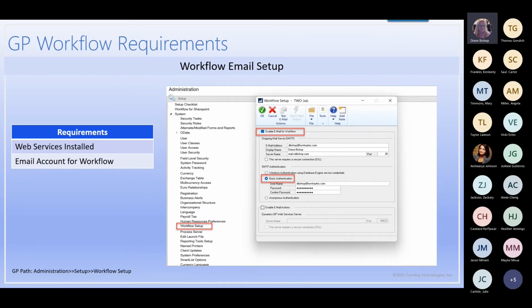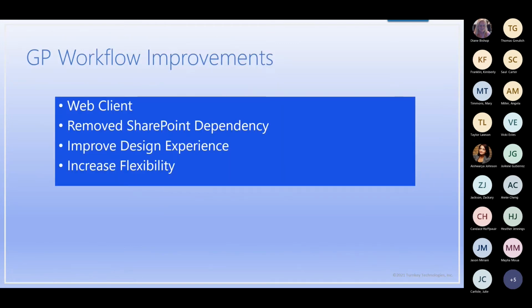There's been a lot of improvements in the workflow system in GP. Number one, they've added it to where you can use the web client to approve or even create workflows. This is because everything is moving to the cloud, and they wanted to make sure that workflows eventually could be put into the cloud and function there.